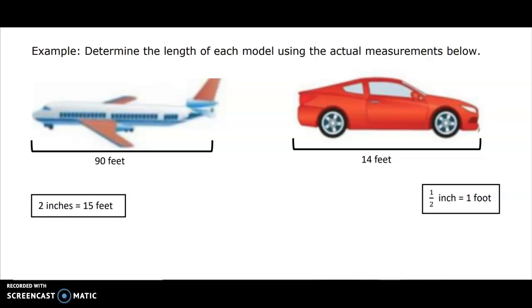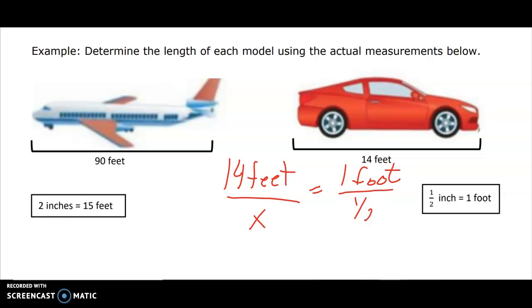I have 14 feet. I'm going to put my words, and I don't know what my model's going to be. And that's going to be 1 foot and half an inch.